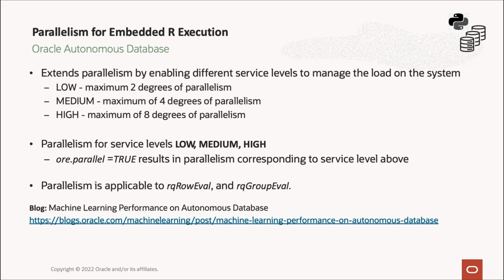The low service level option refers to a maximum of 2 spawned R engines, otherwise known as degrees of parallelism. A medium service level refers to a maximum of 4 degrees of parallelism, and the high service level refers to 8 degrees of parallelism or spawned R engines.